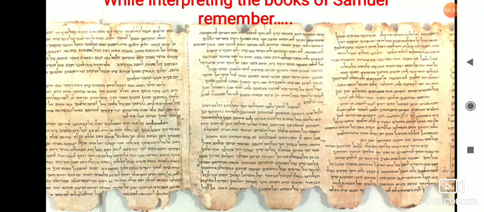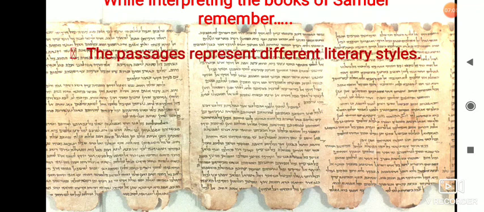Knowing that our author compiled various sources is important because it affects the interpretation of the books of Samuel in a number of ways. For instance, it helps us understand several literary qualities of the book of Samuel.